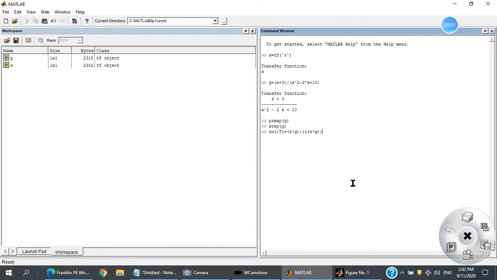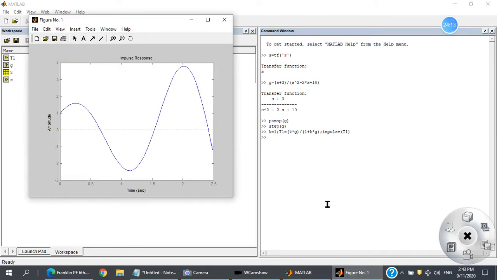And we can look at the impulse response of this T1. For k equal to 1 it is still unstable, right? It starts from 1, then goes to the negative side and positive side, but obviously the amplitude tends to be larger and larger.